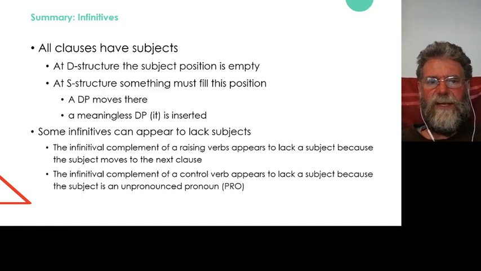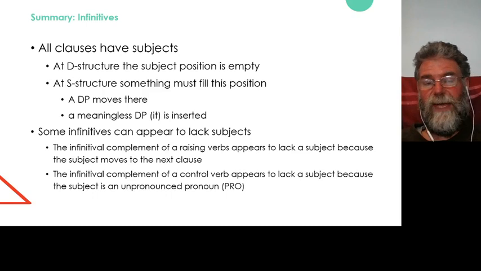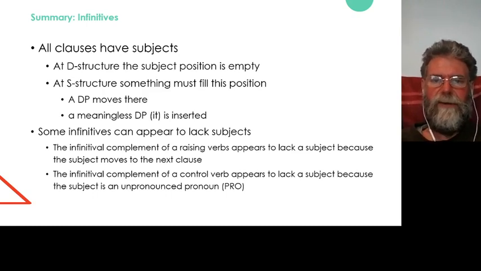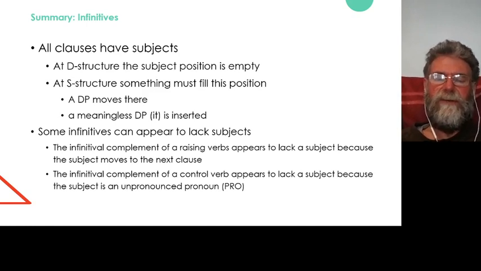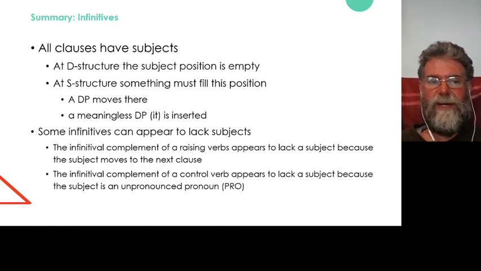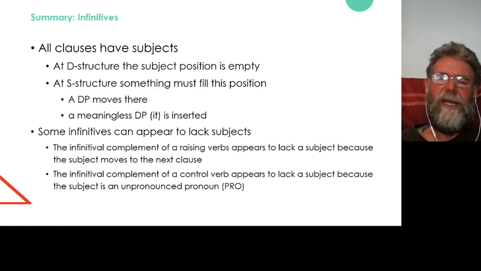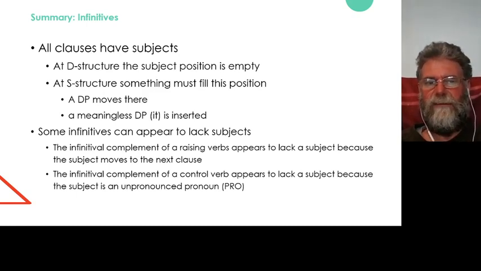Then we've looked at the infinitival clauses, and we've seen that sometimes these infinitival clauses appear to lack subjects. However, we've concluded that they actually don't lack subjects, but there are two different cases which only appear to lack subjects for different reasons. First of all, we have the cases with raising predicates or raising verbs like seem. The non-finite clause that follows seem appears to lack a subject simply because the subject has been moved from that position into the subject position of the raising verb.